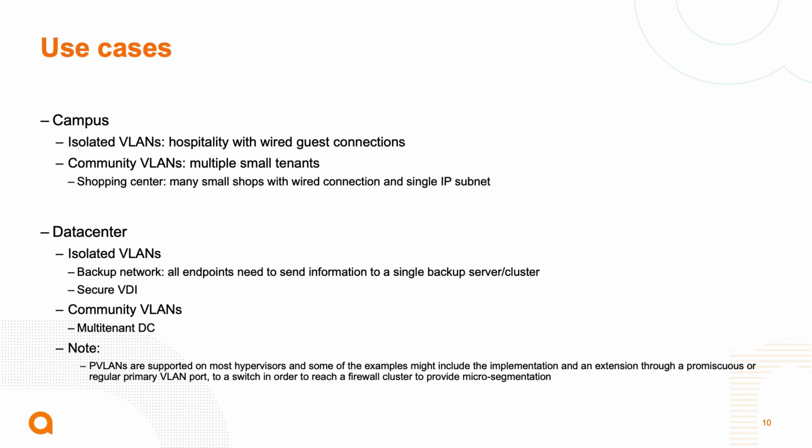In a data center, you might use isolated VLANs to avoid having to create ACLs when you deploy a physical backup network, and also for secure virtual desktops. You might want to use community VLANs when you have a multi-tenant data center and each tenant has many devices and many applications running, but you don't want them to be communicating with each other.